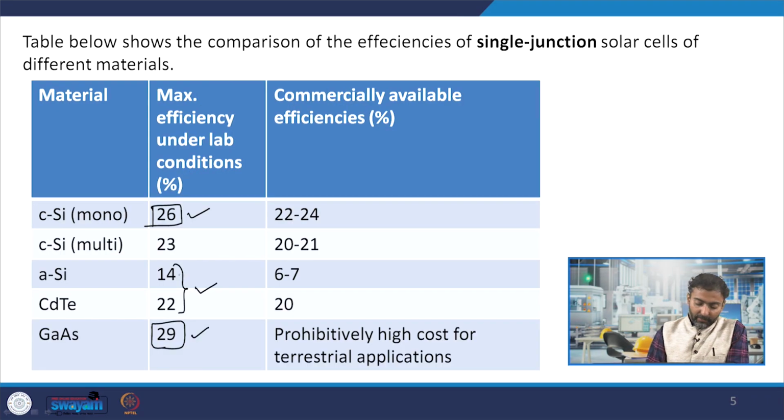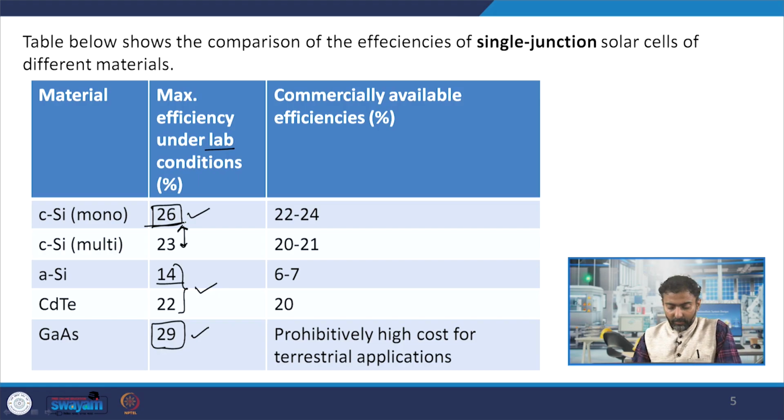Amorphous silicon has the lowest efficiency of all these, under lab conditions. Monocrystalline silicon is second best, and multicrystalline is slightly lesser, with a drop of 3% in efficiency because of the phenomenon we discussed in the last class, surface recombination. Multicrystalline silicon has a lot of crystal boundaries, and a lot of recombination happens there, so it has slightly lower efficiency than monocrystalline silicon.